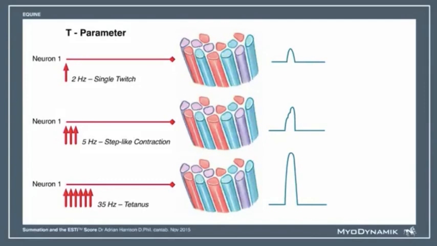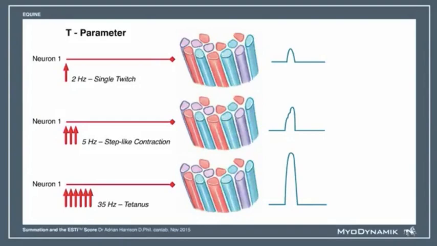If the central nervous system activates motor neuron 1 at a faster rate, say 5 stimuli per second, that's 5 Hz, then the red fibers contract in a step-like fashion, such that each new stimulus builds on an existing level of force. This occurs because the next stimulus comes at a point in time when the muscle fibers are already contracted to some extent.